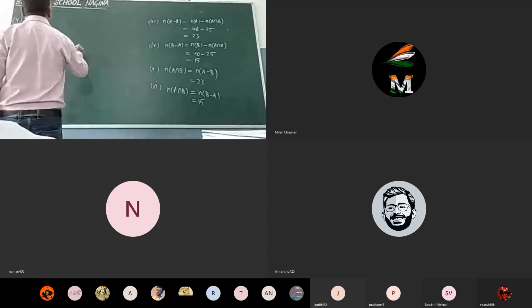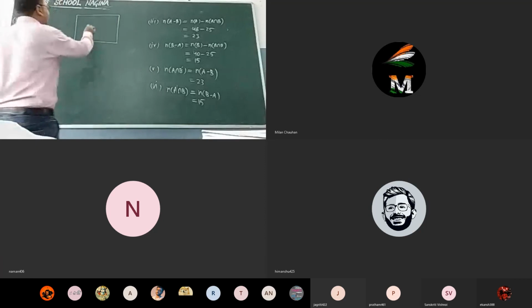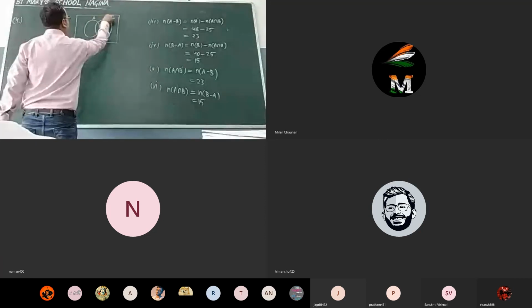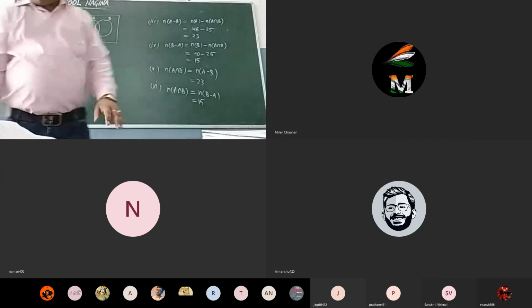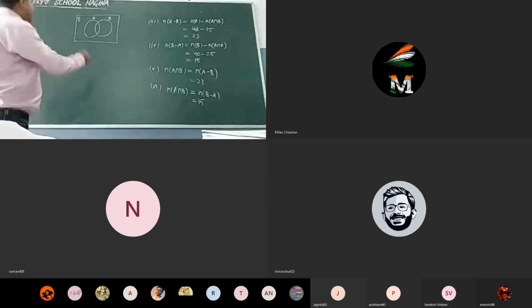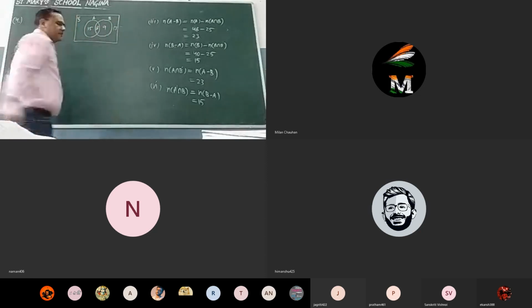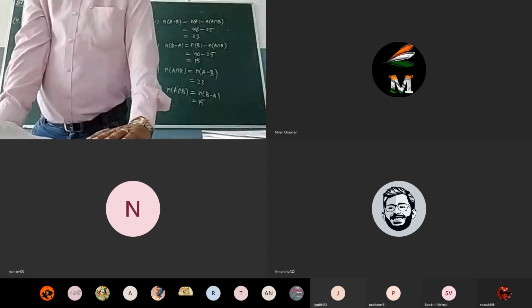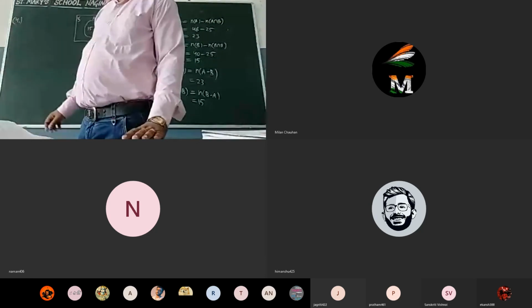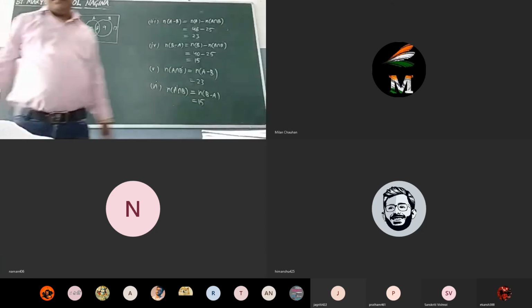This is the Venn diagram, with A and B and the numbers 15, 8, 9, 13. ξ equals pupils in class 8.